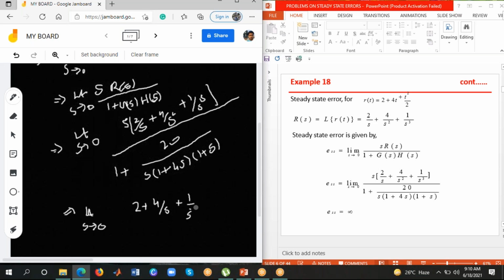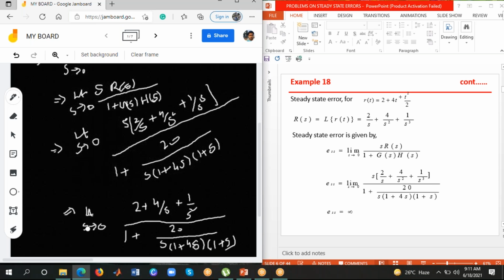Here I took 1 by s common, so 1 by s cancels. Then you will get this divided by 1 plus 20 divided by s into 1 plus 4s into 1 plus s, into 1 by s.